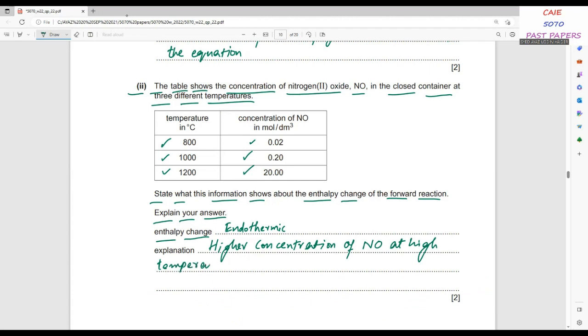You can even refer to the concentration of O2 and N2, which will be lower concentration of O2 and N2 at high temperature.